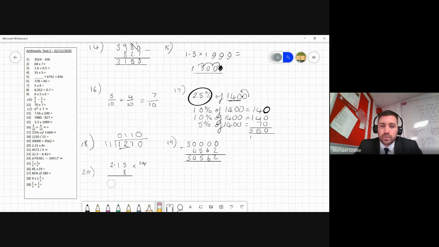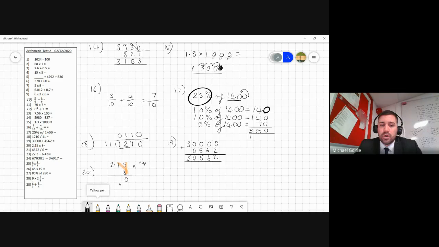So first of all, we need to do 5 multiplied by 8. 5 times 8 is 40. Then once I've done 5 times 8, I'm going to start going across, and now I'm going to do 1 times 8. 1 times 8 is obviously 8.